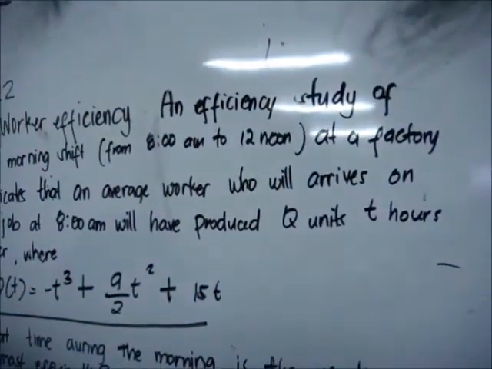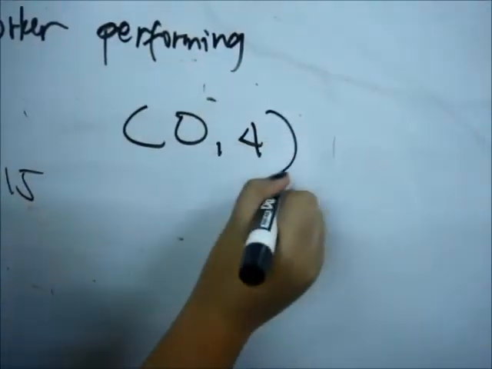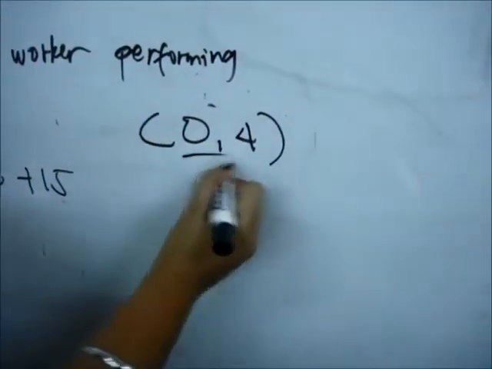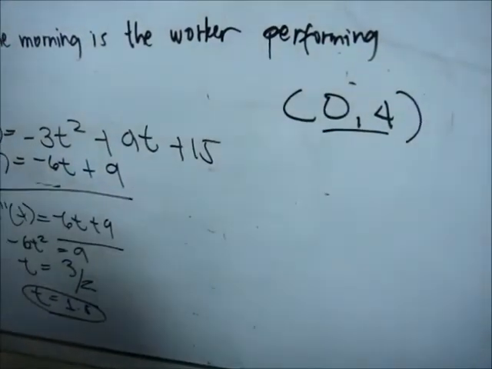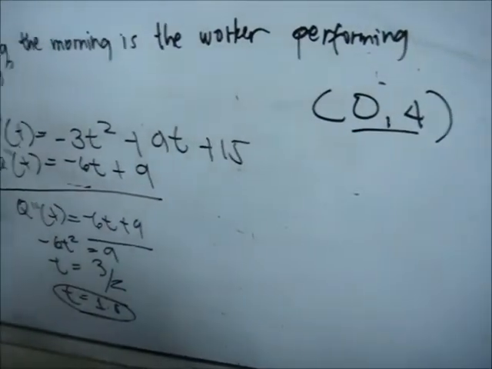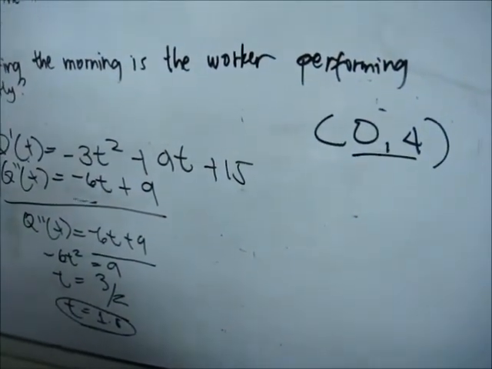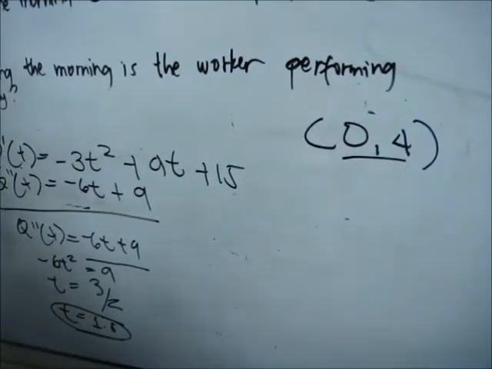So the time interval is 0 to 4. These numbers, 0, 4, and 1.5, will be substituted to the first equation to find the most efficient and least efficient time in the morning.